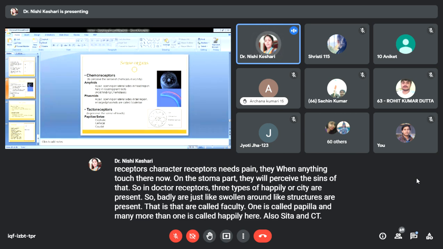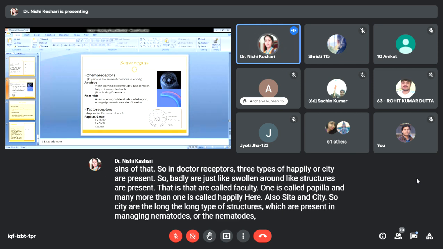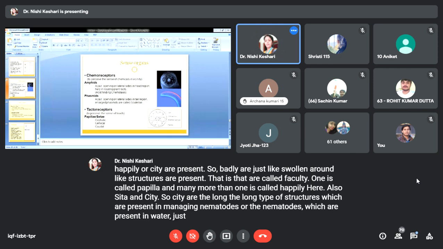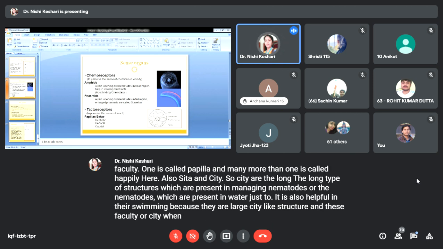So setae are long structures which are present in nematodes, especially those which live in water. They are also helpful for their swimming because they are large setae-like structures. And these papillae or setae are of three types: cephalic, cervical, and caudal, according to the region.